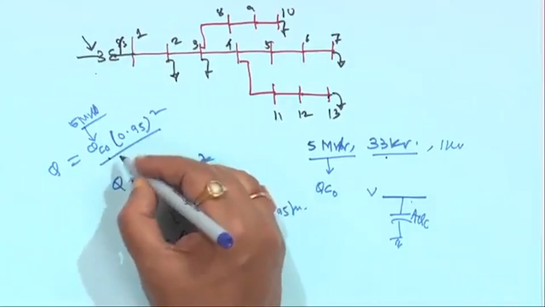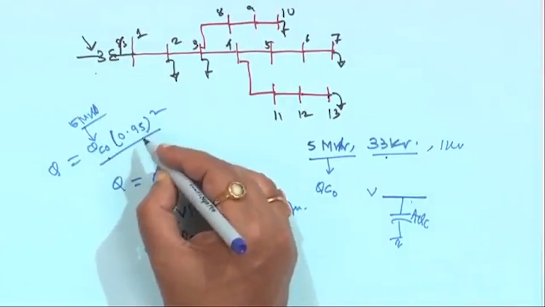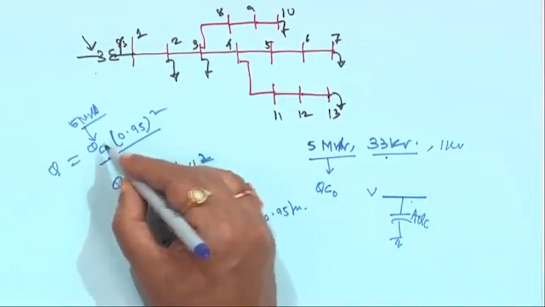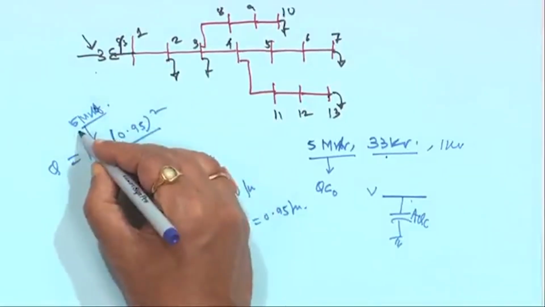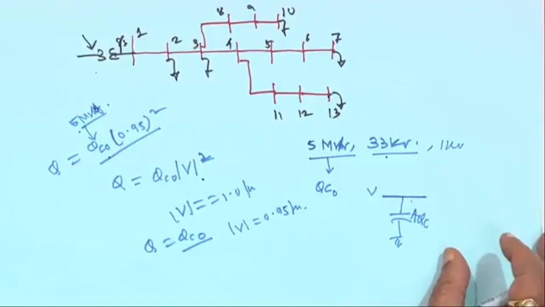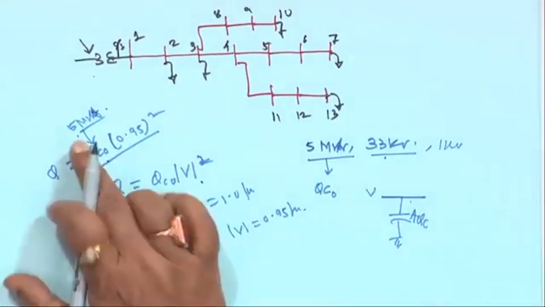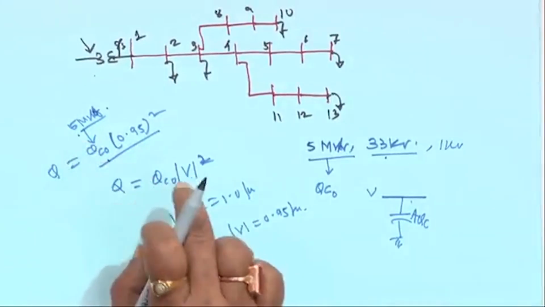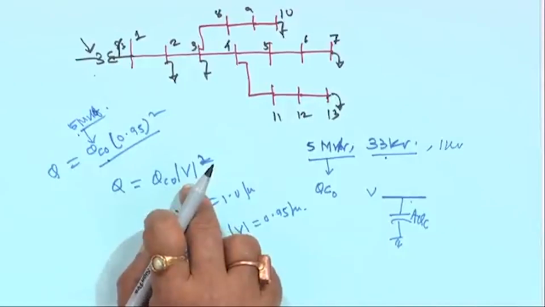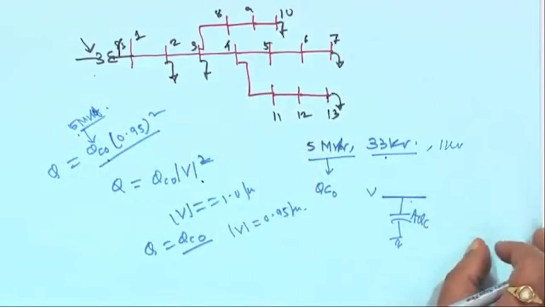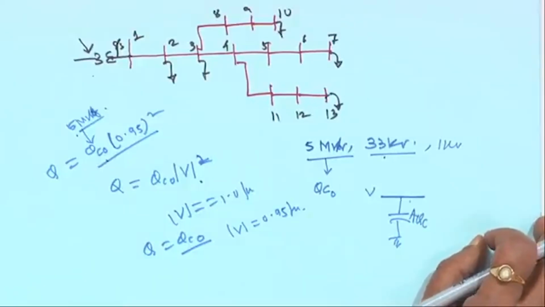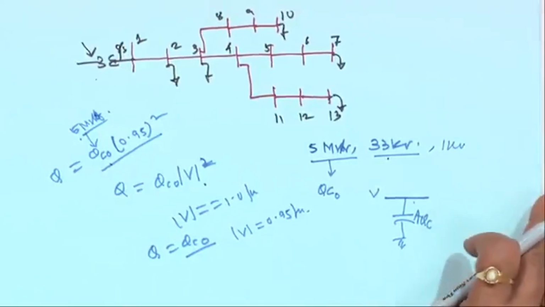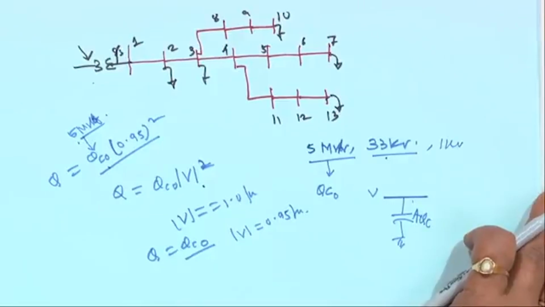For example, suppose it becomes 0.85 or 0.86 per unit, and it is a 5 megavar capacitor, then 0.86 squared into 5, which is roughly 4.3 megavar injected instead of 5, because the capacitor is a constant impedance type of load. In the example we took, we connected a capacitor of 400 kilovar, but there I treated everything as constant power.